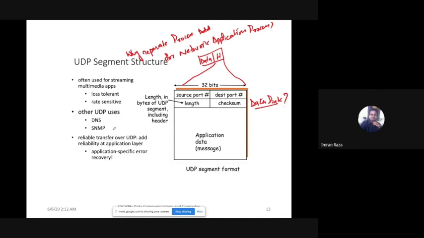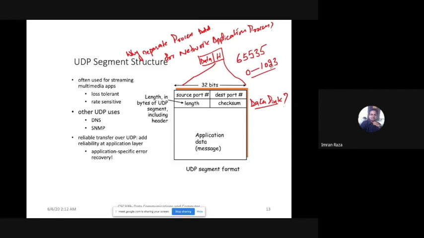By the way, for the source port number, we have 16 bits. This means we can have in total 65,535 port numbers. And out of these 65,535, the port numbers from 1 to 1023 are standardized, right?